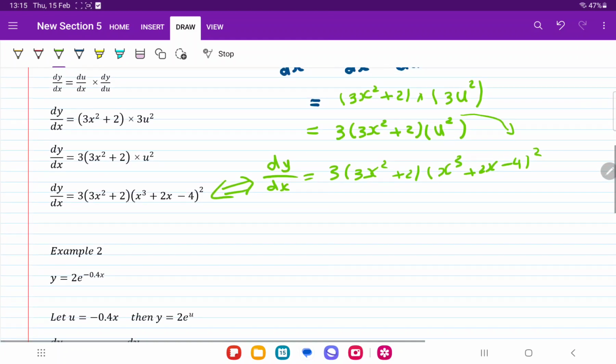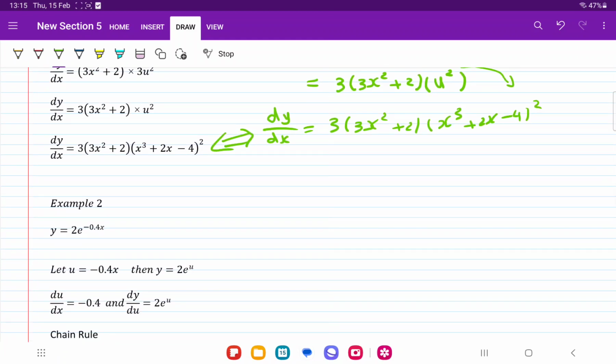Example number 2. So y equals 2e to the power minus 0.4x. To answer this question, we're going to refer to the table of differentiation. So we're going to do the same steps, yeah?